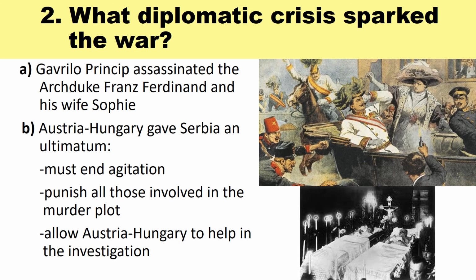One, they ended up going after crossing a bridge. They realized they're on a wrong street, and he orders his driver to go in reverse and get out of there. And there happened to be right next to a cafe where a frustrated Gavrilo Princip is sitting, figuring that he blew his chance.